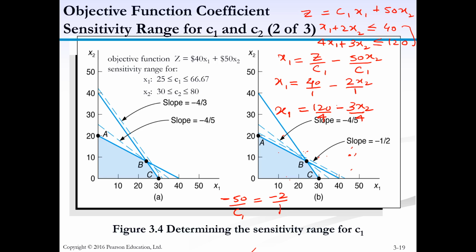Then we can see that c1 is equal to 25. So this is the lower limit.